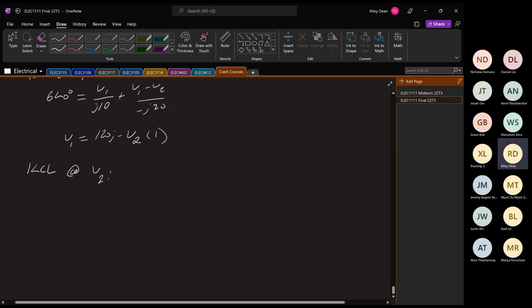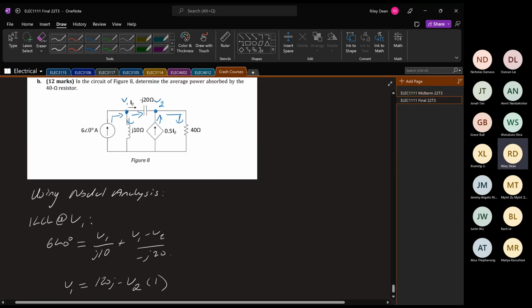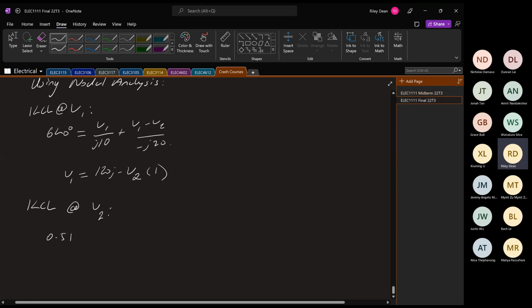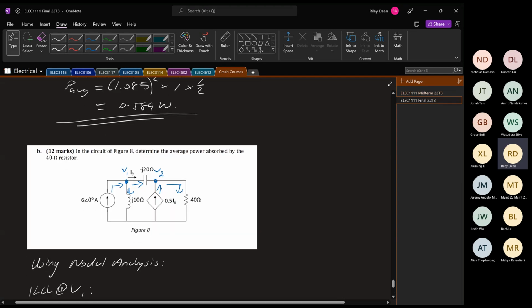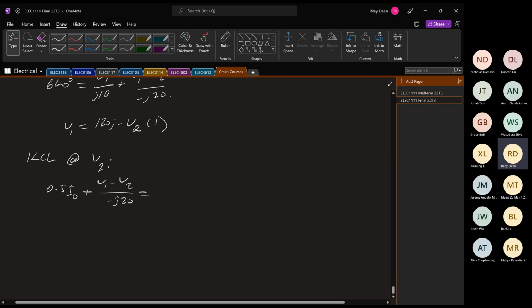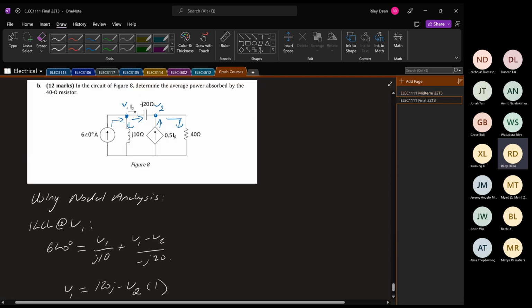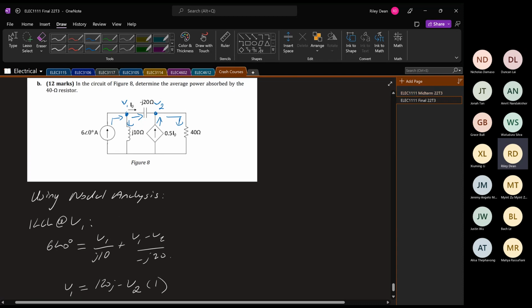Now, if we do KCL at V2, we see first we have 0.5 I naught entering, plus we have that V1 minus V2 over negative j20 entering, and leaving, we just have the 40 ohm resistor, like so. Before we simplify this, we need to find a value for I naught. I naught is the current passing through the capacitor.